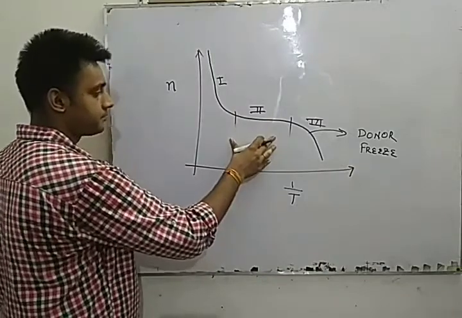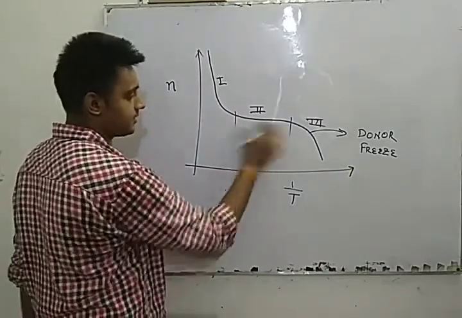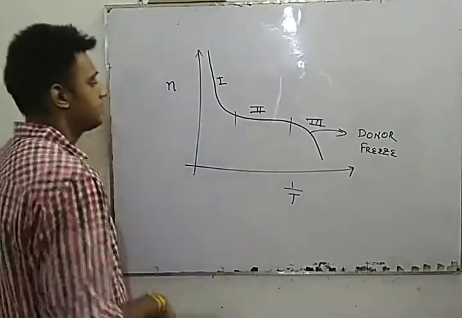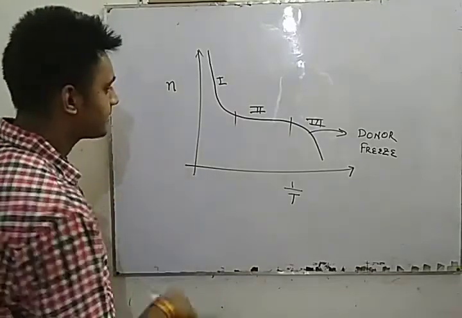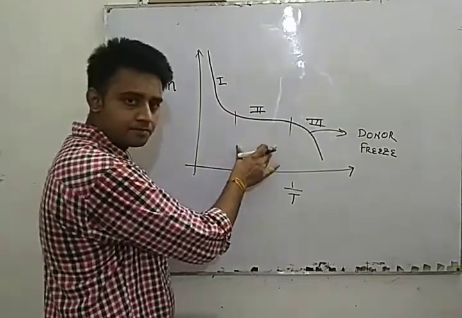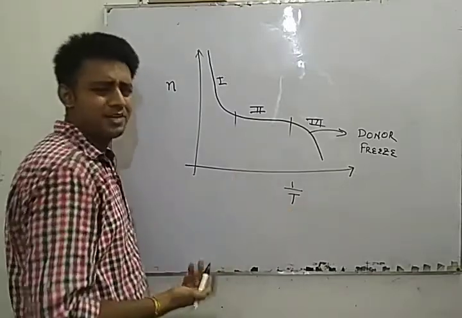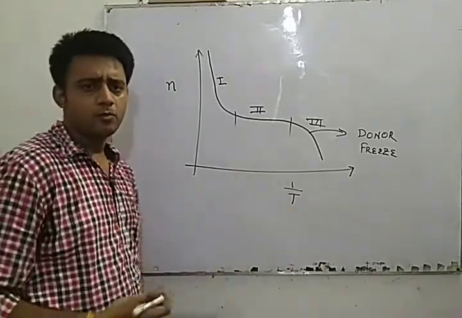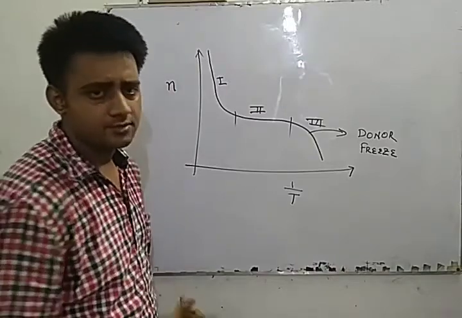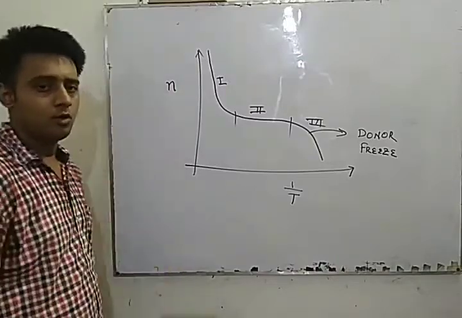In this region, the second region, that is the room temperature. In this region, we say the semiconductor is n-type, because here the temperature is in a medium range, so there is no probability of excitations of lesser or higher.